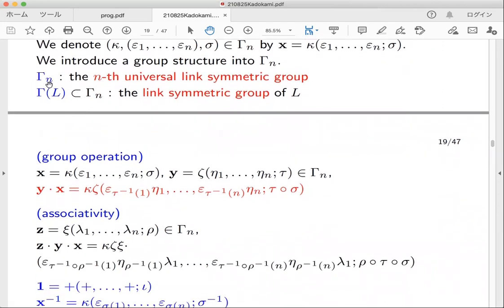Then the link symmetric group of L is a subgroup of gamma n.